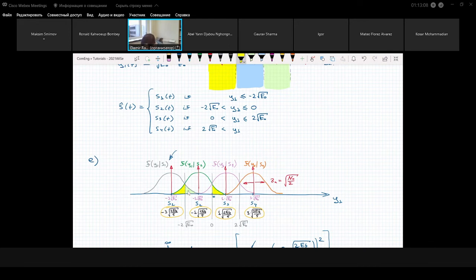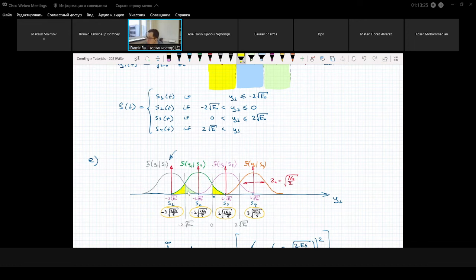As a result, the probability of error when you transmit S2 will be larger than when you transmit S1, because we have 2 times more regions where you can make error.